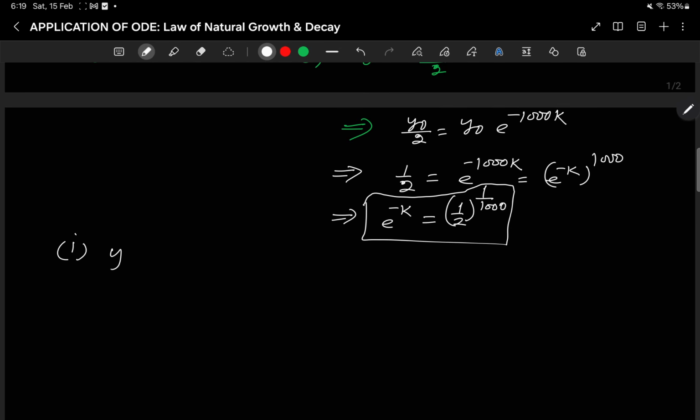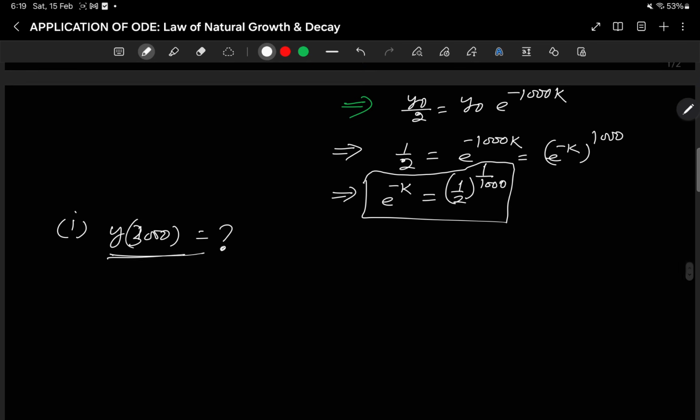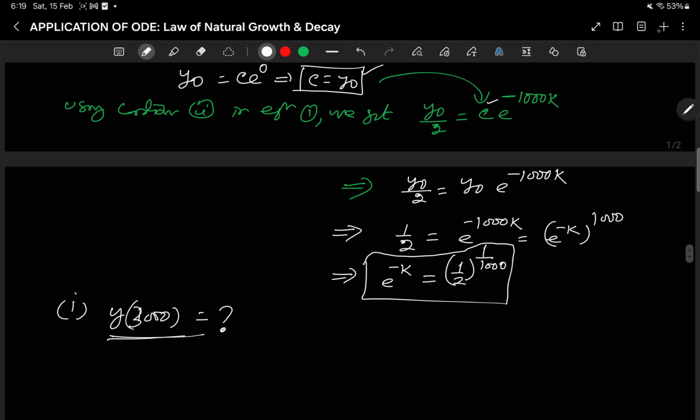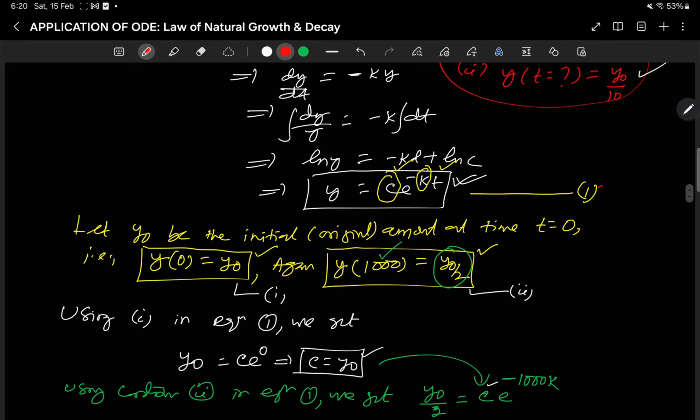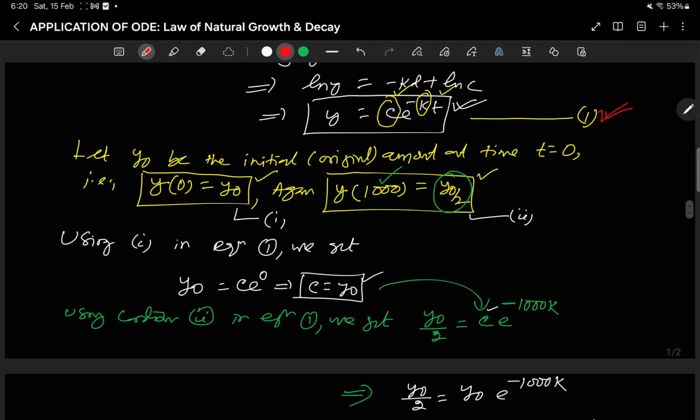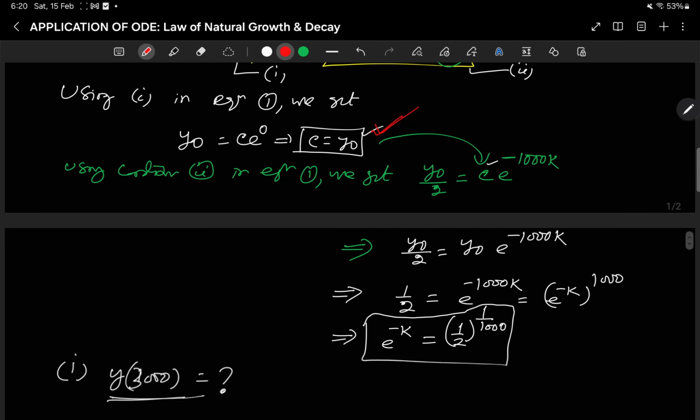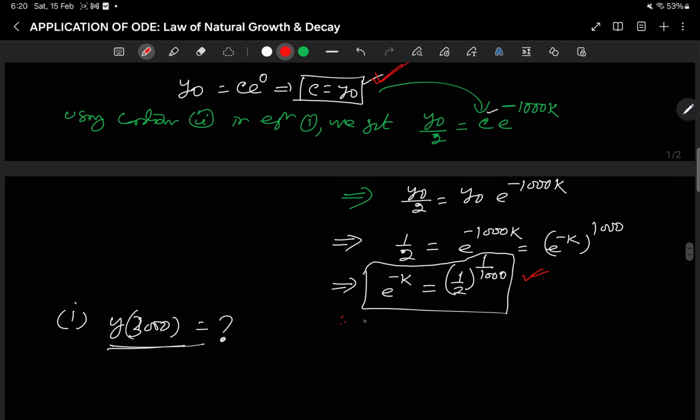Then coming to part 1, you are asked y of 3000 is what? So we are interested in finding this. Okay, so before that, let me see what this equation 1 is now. With this value of y0, I have the value of c and the value of k. So therefore what is your y?